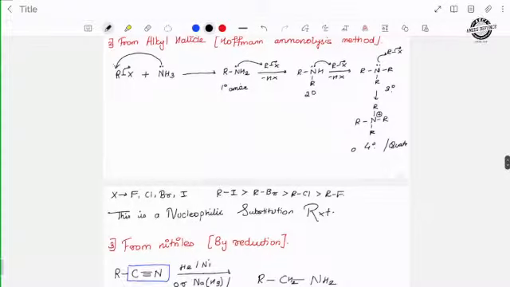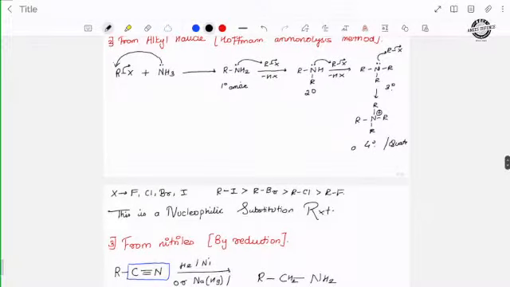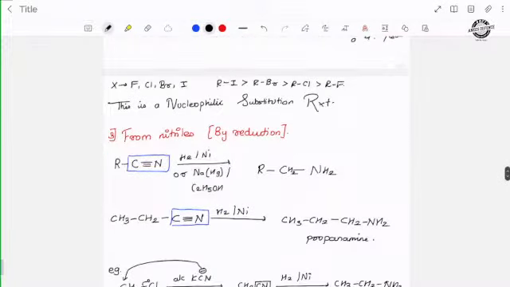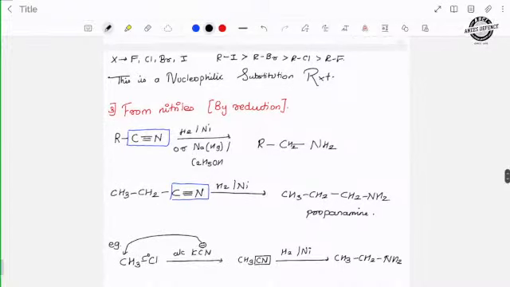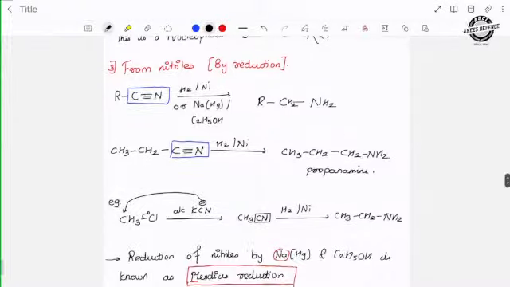And the reactivity order was RI, RBr, RCl, RF. From nitrile, again it was a reduction, with the same hydrogen and nickel, but there was one more named reagent, sodium amalgam and ethanol, and that was Mendius reduction. Again, you are getting primary amine.